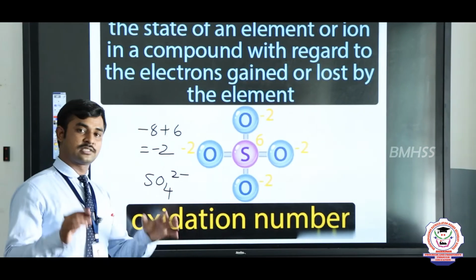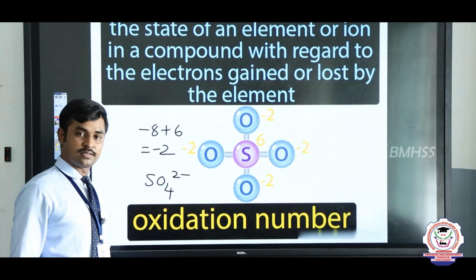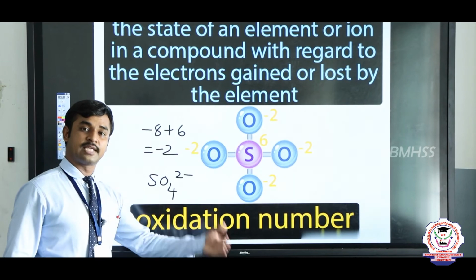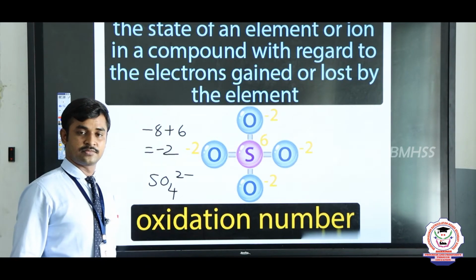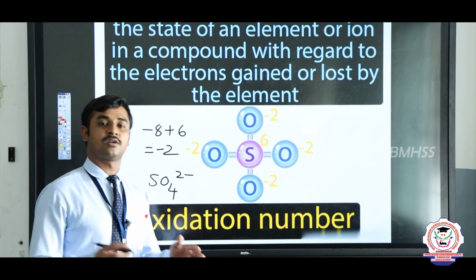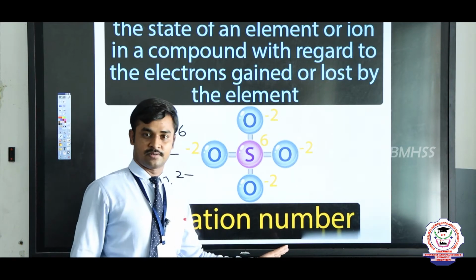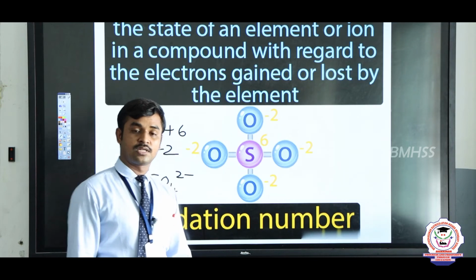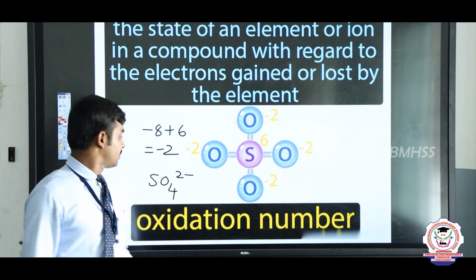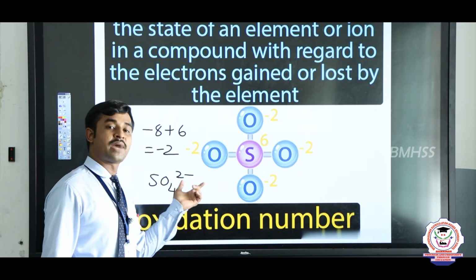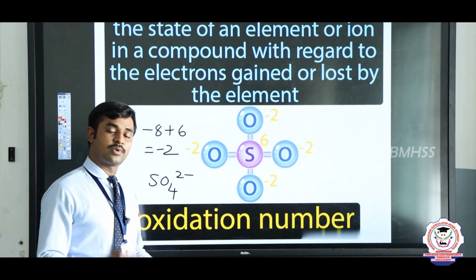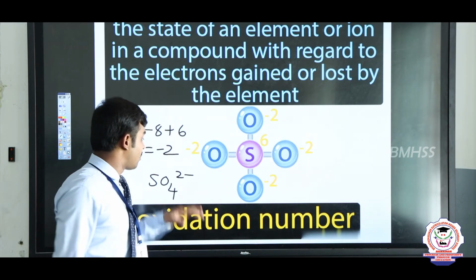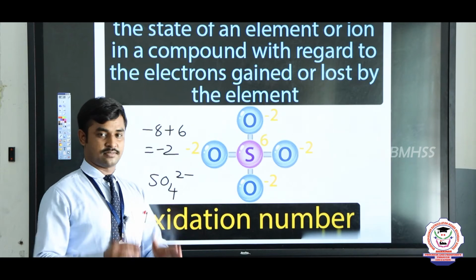So, oxidation state is nothing but how many electrons are gained or lost. The number of electrons gained or lost is the oxidation number, or it is called the oxidation state. If electrons are gained, the oxidation state will have a minus sign. If electrons are lost, the oxidation number will have a plus sign.